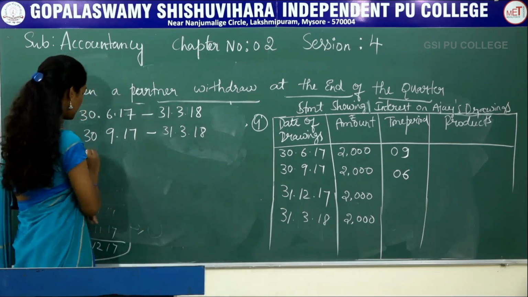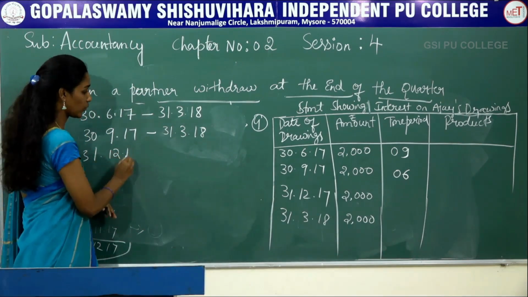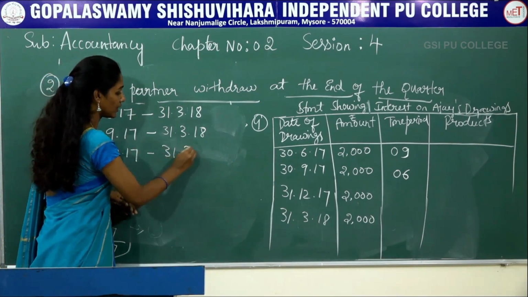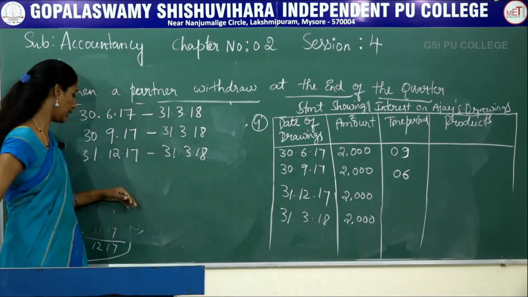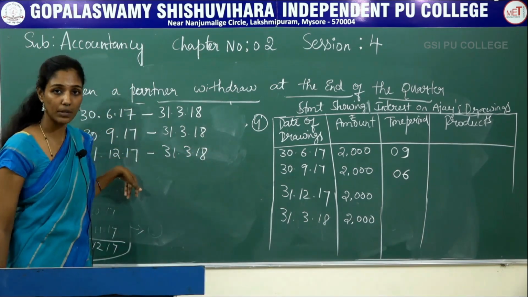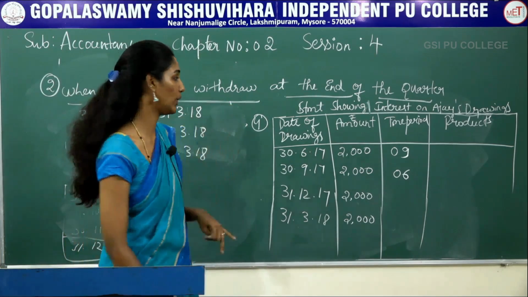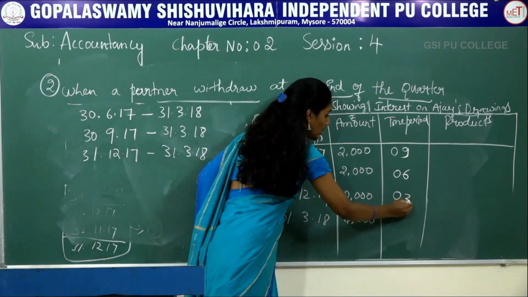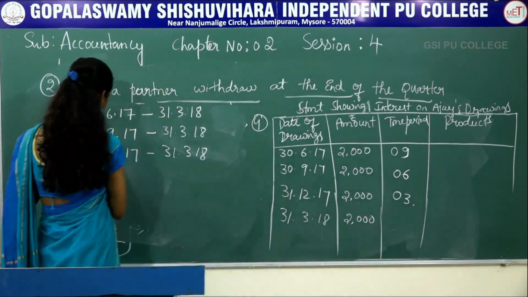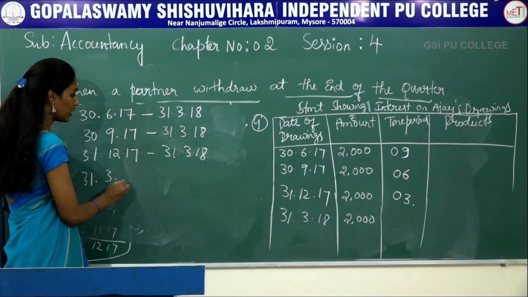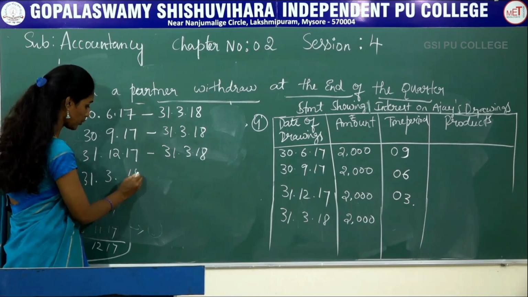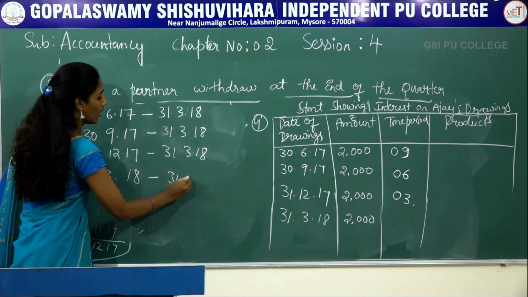The next, do the same method: 31/12/2017 to 31/3/2018. Again exclude December and start from the next month, that is 1, 2, 3. You will have 3 months. And at last, he has withdrawn on 31/3/2018.